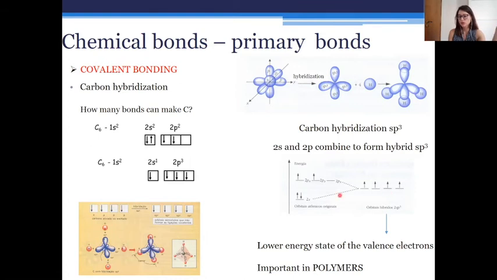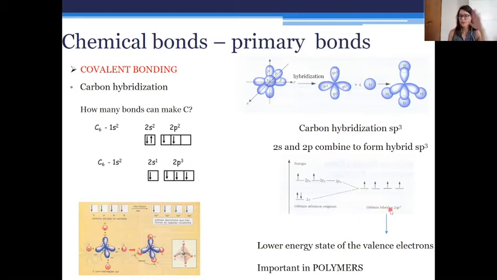And in that way, you will have 1 electron on each subshell, and all of these electrons will have the same spin. In that way, we have a lower energy state of the valence electrons, and these valence electrons will be shared with 4 other atoms. So in this sp3 hybridization of the carbon atom, the carbon will form 4 covalent bonds. For example, in this case, it is representing methane.